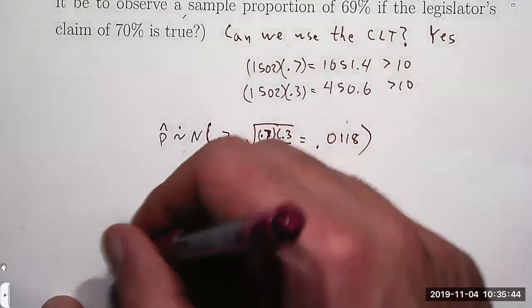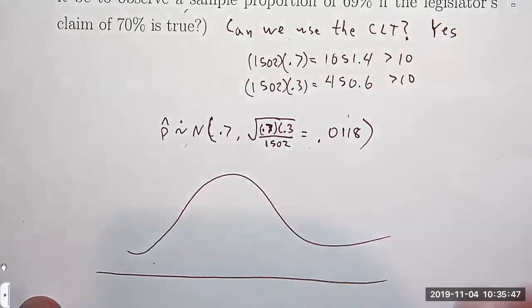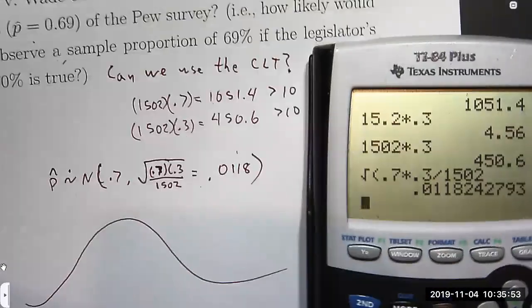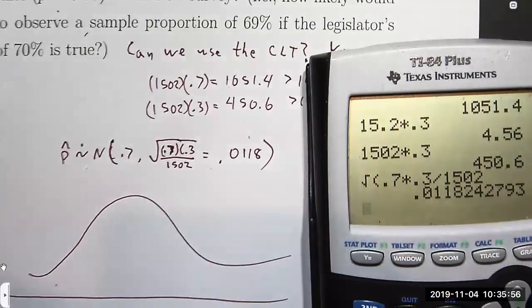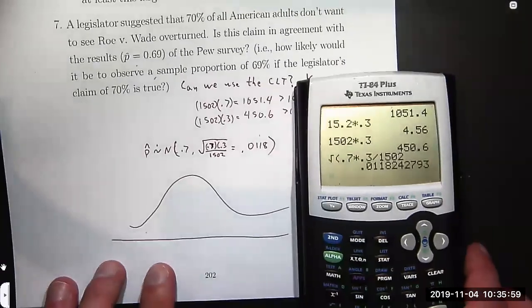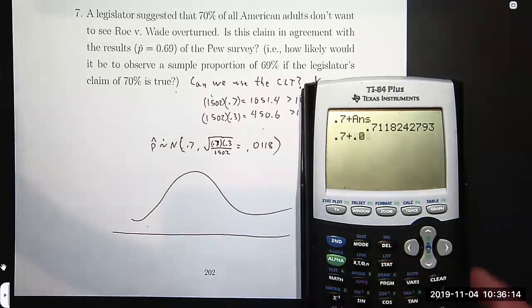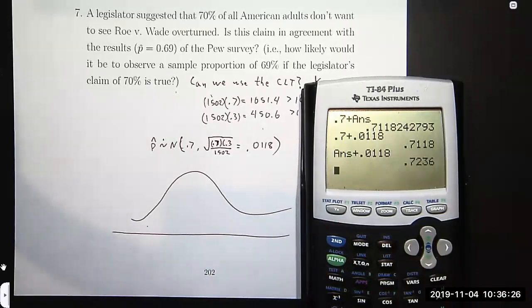All right, now we can draw this picture. Maybe zoom out a little bit. All right, so 0.7 plus 0.08. All right, there we go. So those are those two.